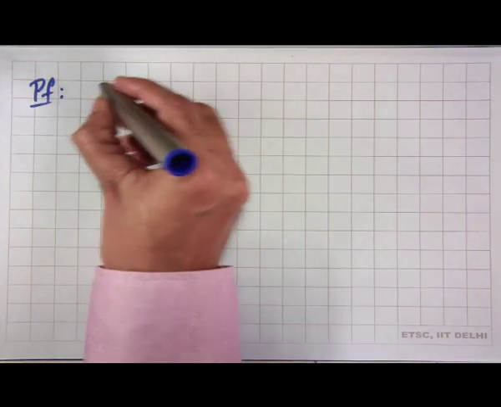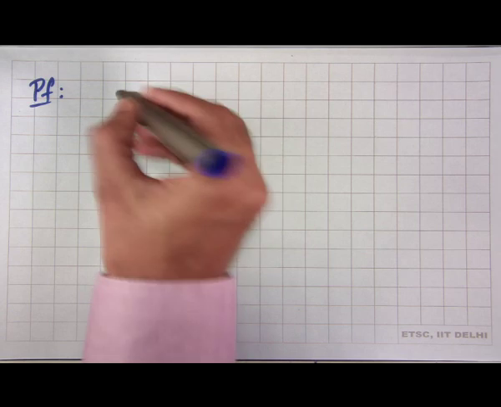The proof is that we have to show that the limit of f of x plus g of x is equal to infinity.